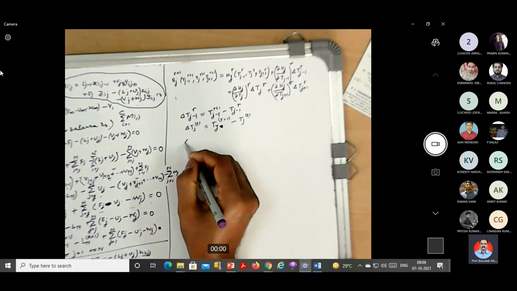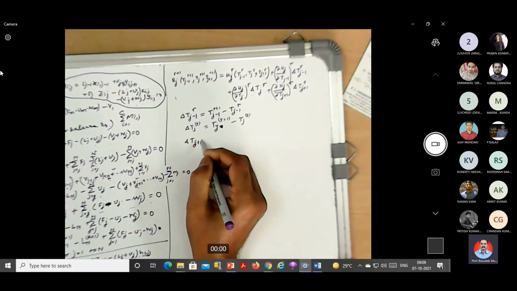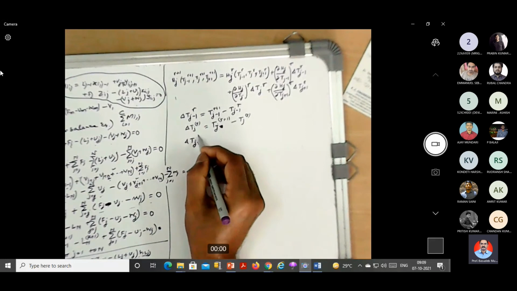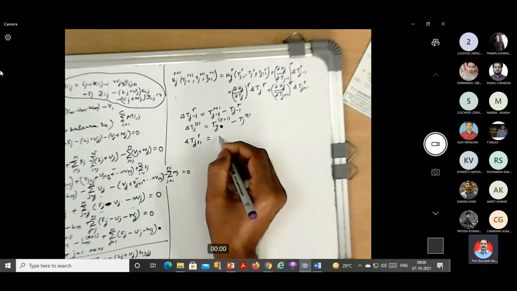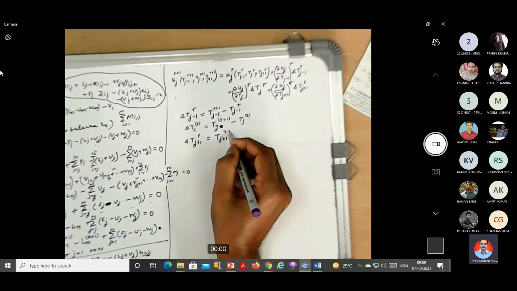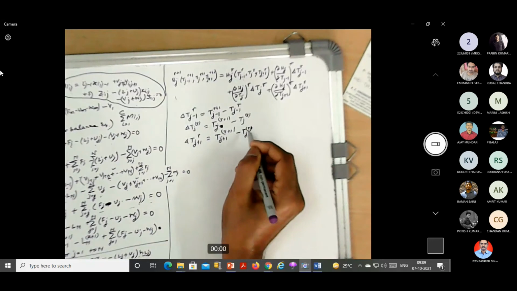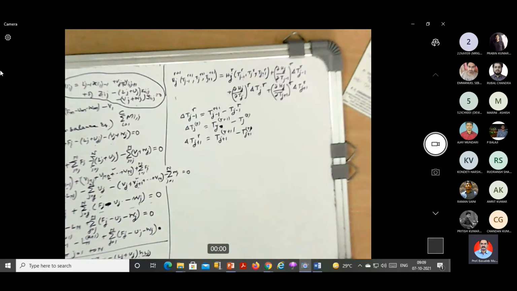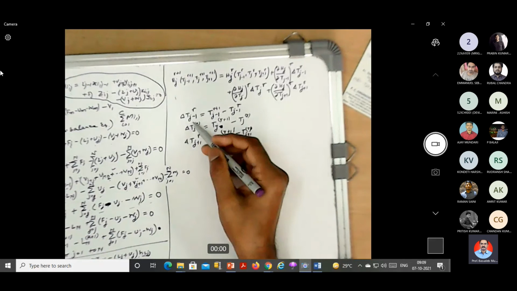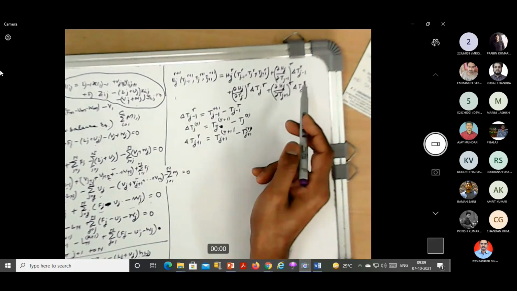Similarly, delta Tj plus 1 r equal to Tj plus 1 at r plus 1 minus Tj plus 1 at r. Okay, so these are the definitions of these. You know this method, Taylor series expansion method, right?